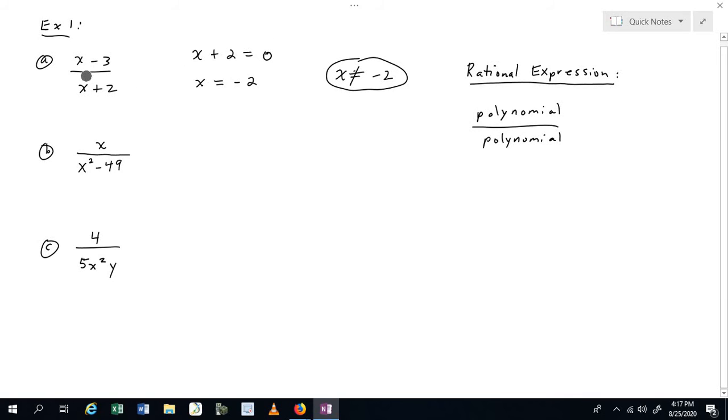But the minute you plug negative 2 in for x, you get negative 5 over 0, which is not a number. And so we say this rational expression is restricted. You're not allowed to plug in negative 2. X cannot be equal to negative 2 in this rational expression, okay?